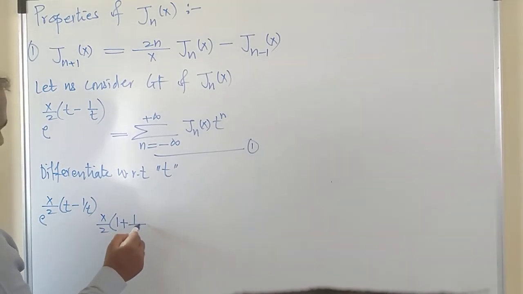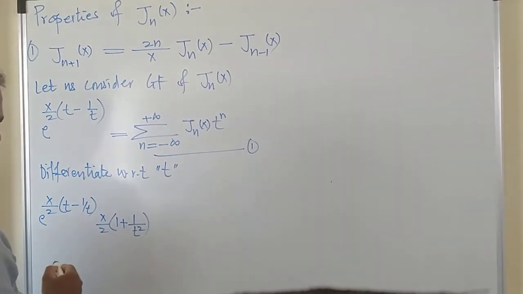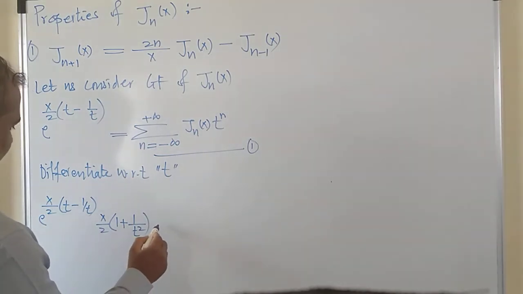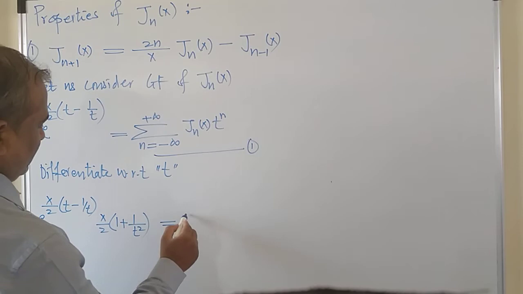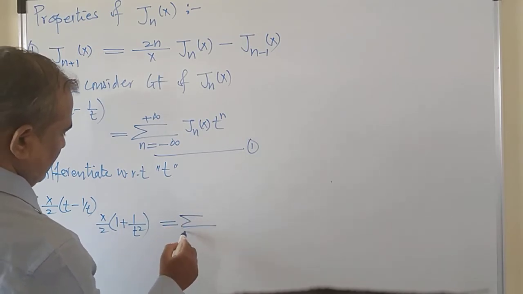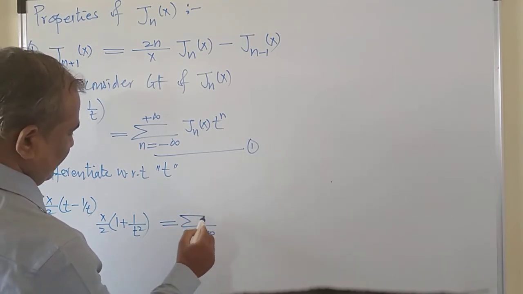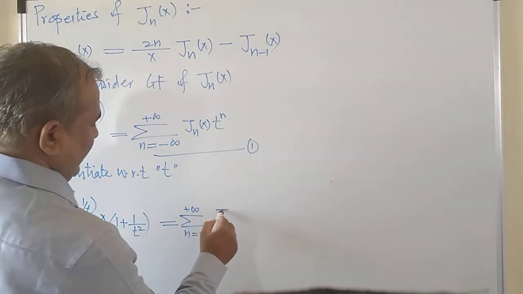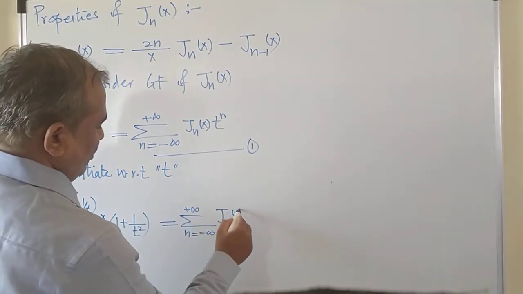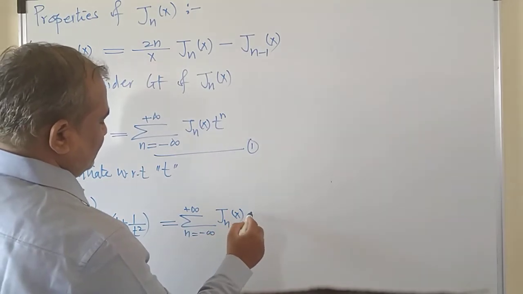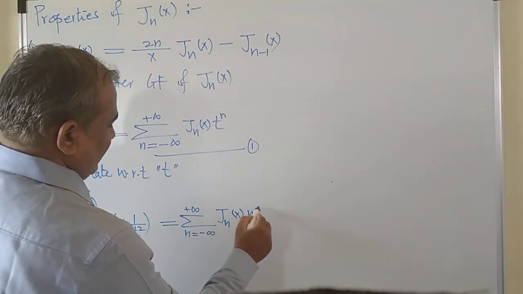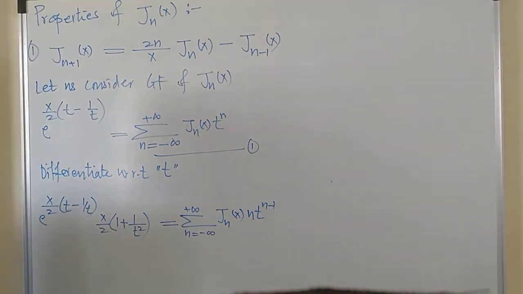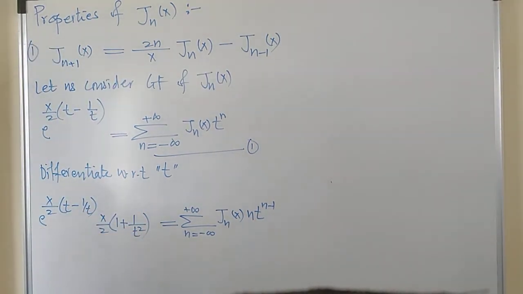So minus minus will become plus, and this will be 1 upon t square, and this is equal to summation n runs from minus infinity to plus infinity. Now Jn of x is acting as a constant, and differentiation of t raised to n is n t raised to n minus 1. So we got this kind of relation.